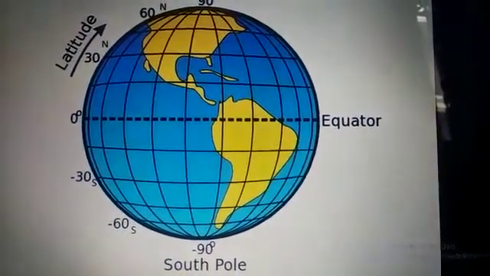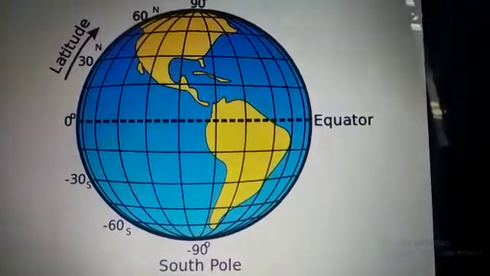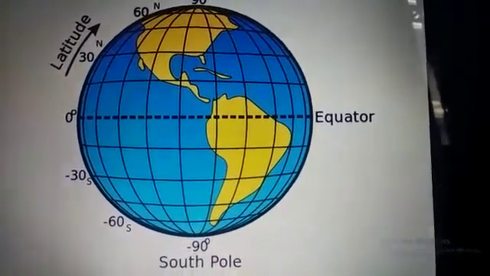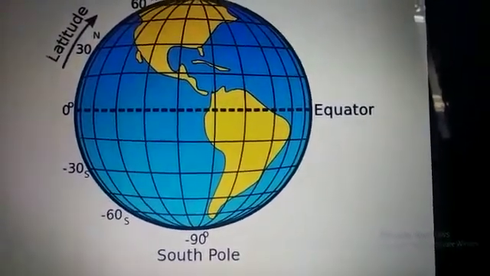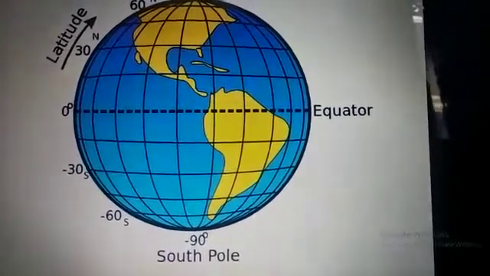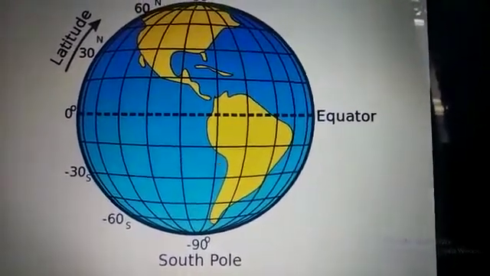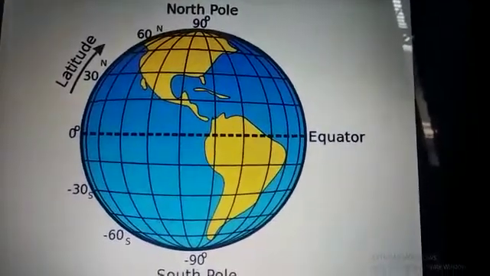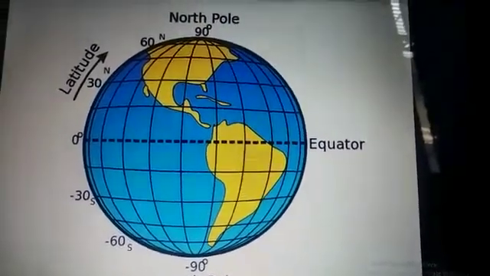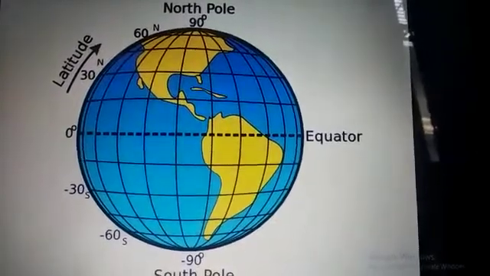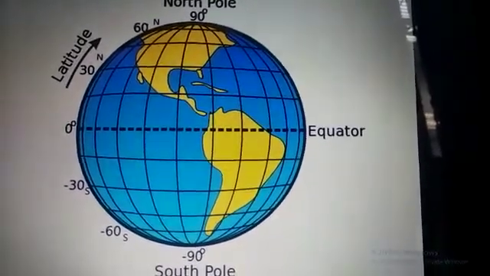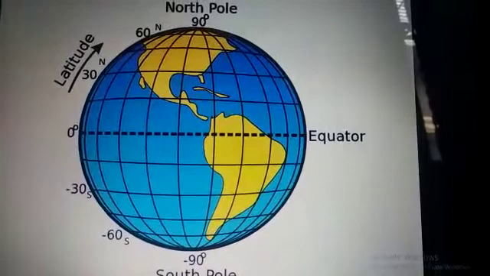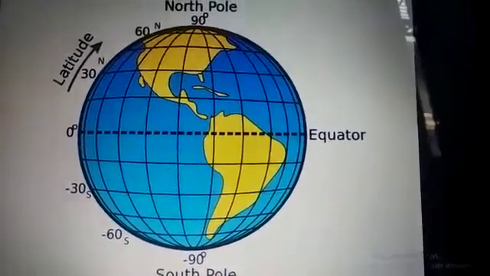That's why the length of the parallels keeps decreasing as we move from the equator towards the poles. Is it clear to all of you? There are 181 parallels, and the equator is the most important of all, also called the great circle.